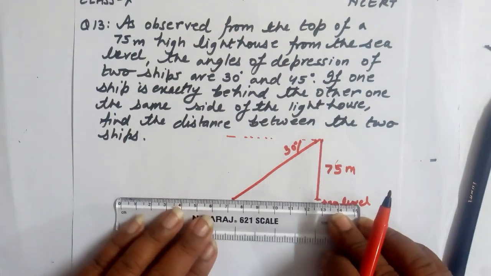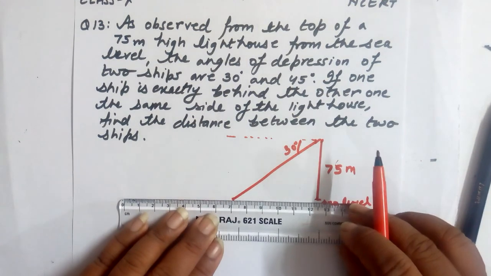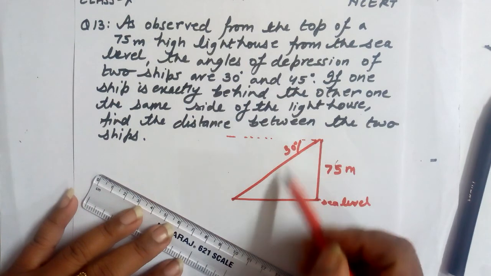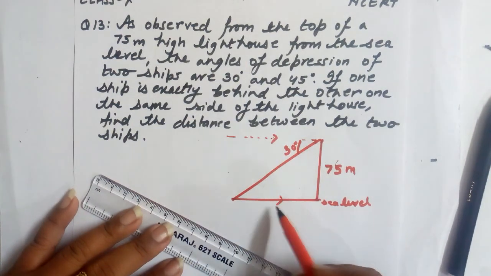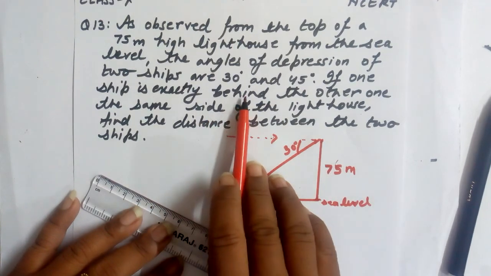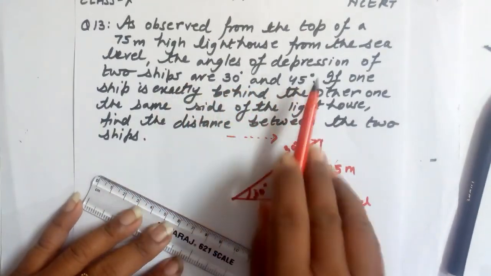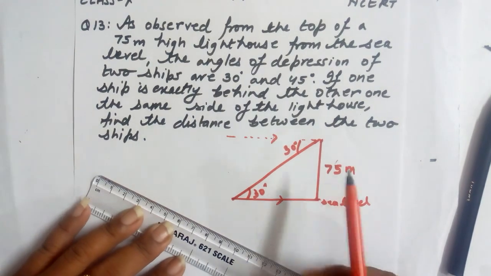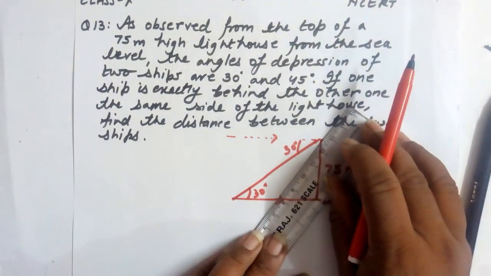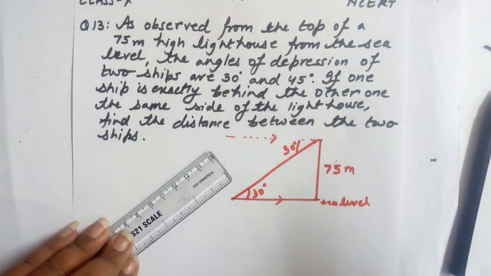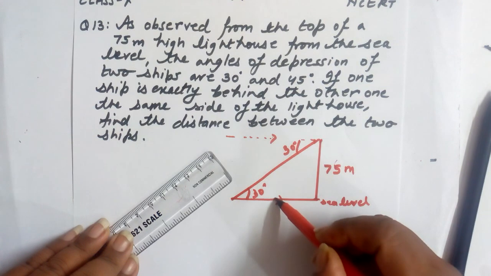Yes, and if we join with the horizontal line, these two are parallel, and this angle will become 30 degree and 45 degree. Because two ships are there, the angle of depression of one ship is 30 degree and the other one is 45 degree, because when we proceed towards the lighthouse, the angle will become bigger. So 45 degree will come here.